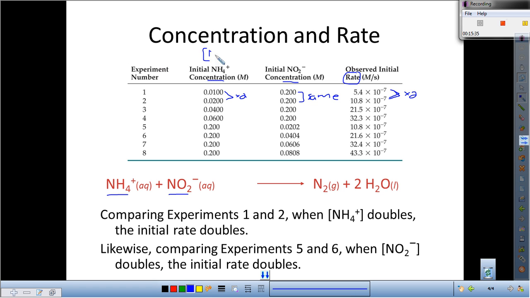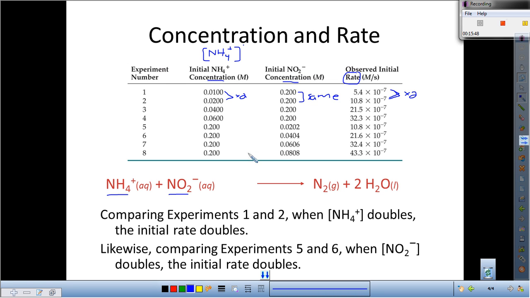So NH4 has an order of 1. That's the order of the ammonium. Now, we've got to find the order of the nitrite also.